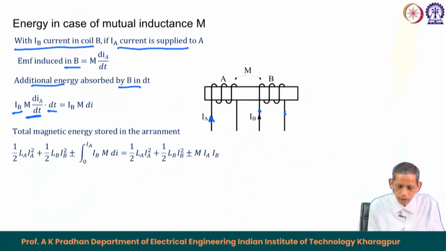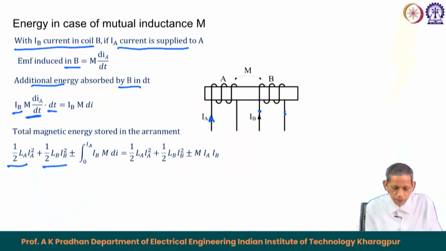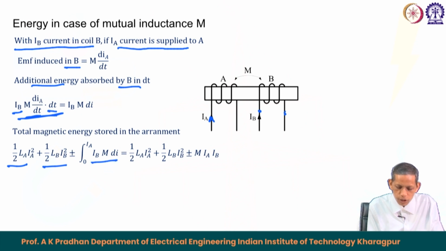Now, the total energy, like we all know, is half L i square for the first self inductance, half L I B square for the second inductance, and the plus or minus depends upon the M, that is, on the dot signs, or whether the corresponding fluxes are additive or subtractive. So, that becomes the integral of this value from 0 to I A, with current I B flowing in the second coil. So, this becomes integral from 0 to I A of I B M dI.